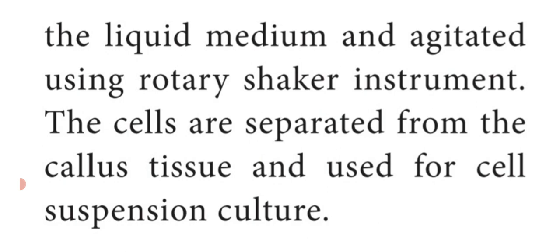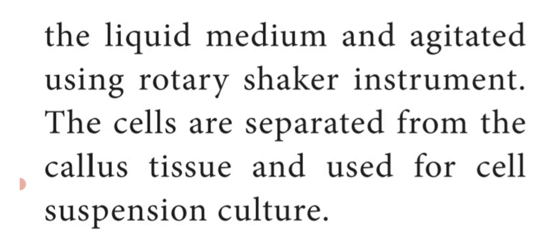That means along with the liquid medium, the cells are rotating with the help of the rotary shaker, so that the cells attached to the callus are separated. Then only these cells are used for cell suspension culture.